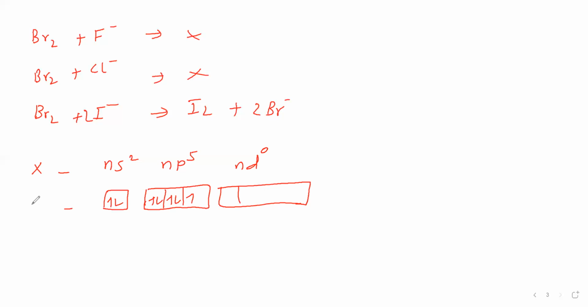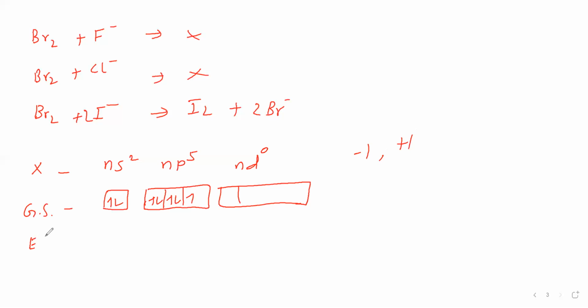This is the ground state. If a halogen gains 1 electron, it will show a -1 oxidation number. If the halogen contributes this unpaired electron for a chemical reaction, that is, it donates this electron, then it will show +1.